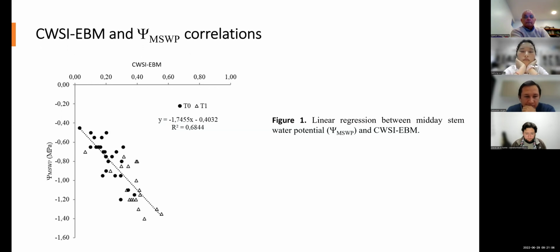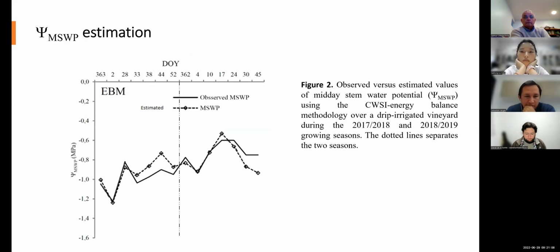And with this equation, we were able to estimate the behavior of midday stem water potential using the energy balance equations. And in this figure, we can see the observed midday stem water potential on the black line and the estimated midday stem water potential using the energy balance.